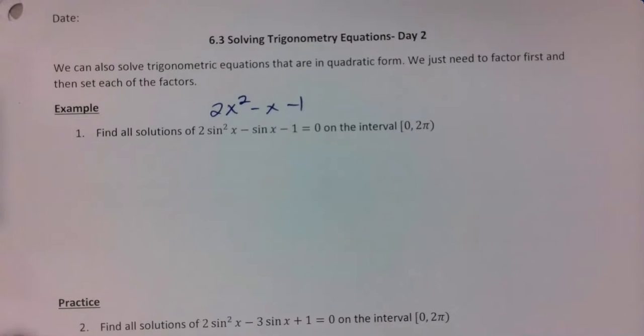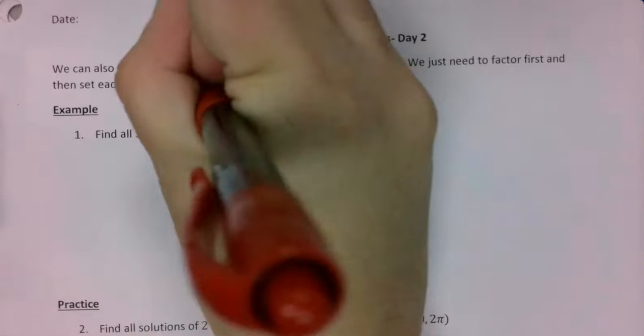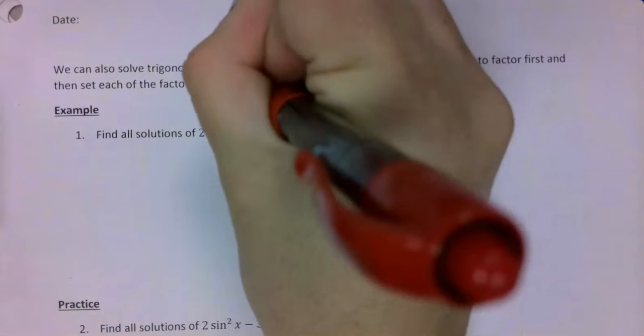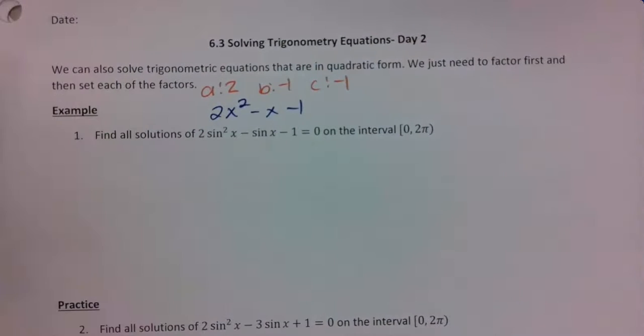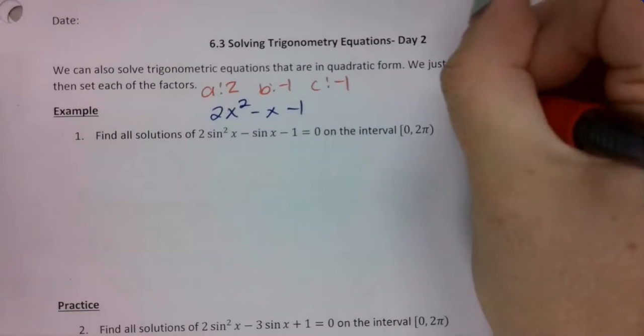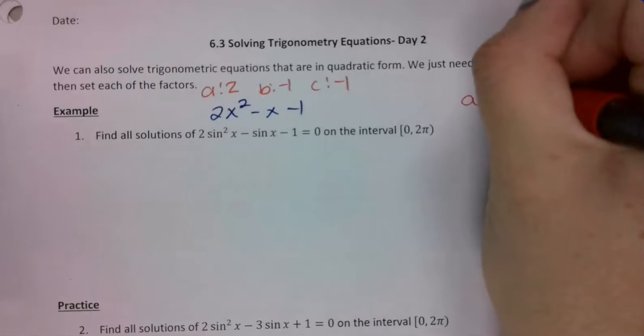Okay, so because I have an a value, I'm going to label my a, b, and c values. And I'm going to use the AC method. So I'm going to take my a and c values and multiply those together.